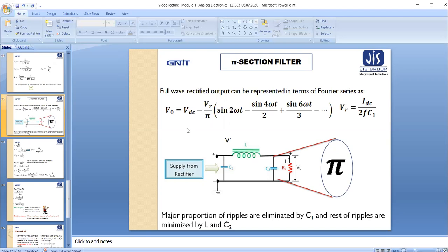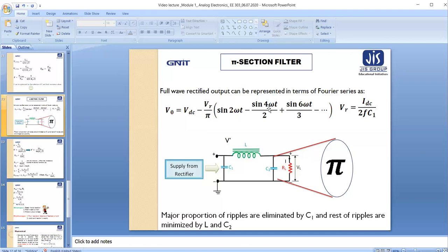Now if we go to the full wave rectified output, in the Fourier series we will see that V naught equals VDC minus VR by pi times sine 2 omega t minus sine 4 omega t by 2 plus sine 6 omega t by 3, and so on. So 4 omega t, 6 omega t are higher order harmonics, whereas 2 omega t is the second order harmonic.